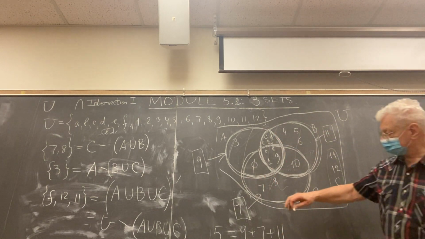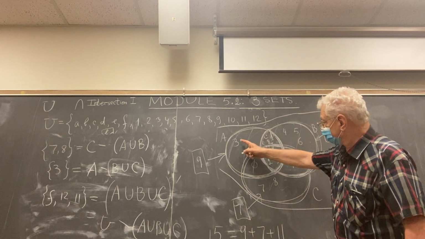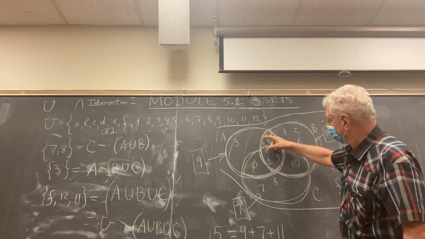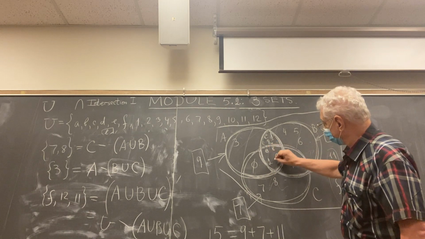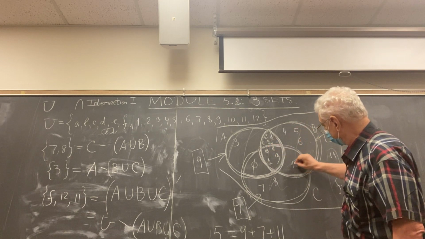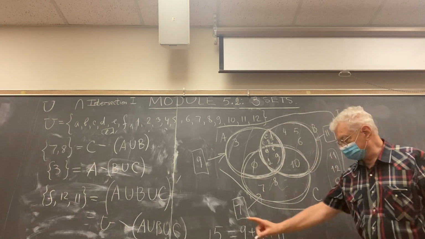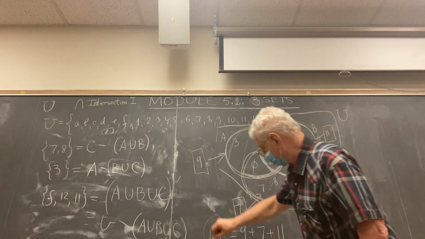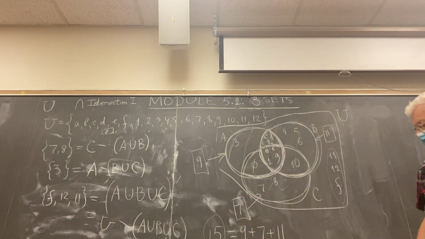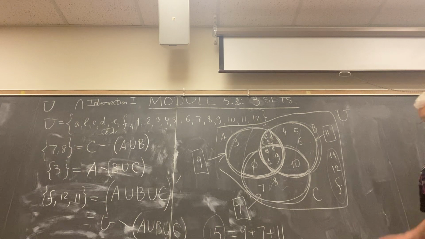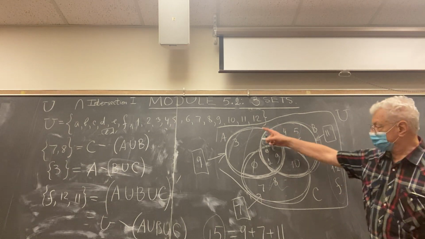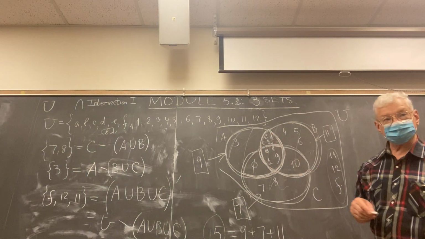Let's count once again. 1, 2, 3, 4, 5, 6, 7, 8, 9, 10, 11, 12, 13, 14, 15. Correct, so that number is 15. So why is 9 plus 7 plus 11 much bigger? It's 27. Why? Because we counted some numbers several times.